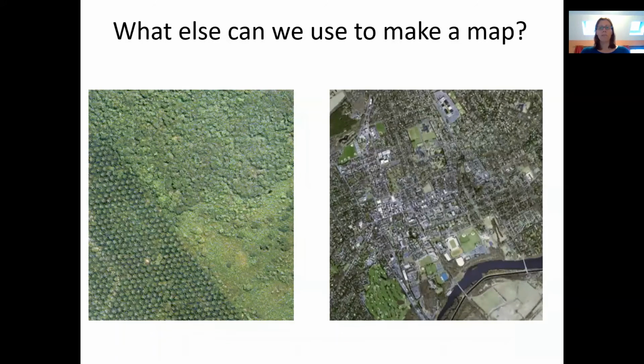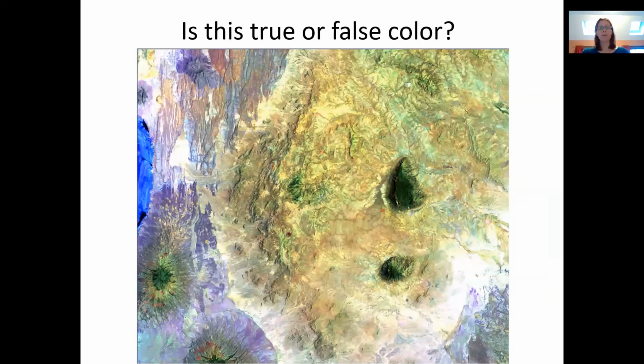Another thing that we can use to make maps, and this tends to be more in the heads-up digitizing realm, although it's getting better. So what I mean by that is that in this past one, you could write some rules in GIS, for example.